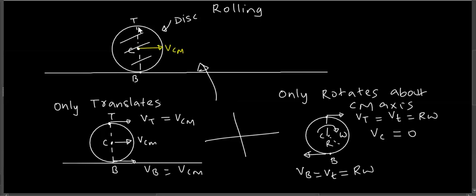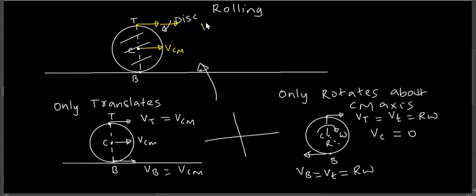If I look at the topmost point, whatever particle is at the top, it will have two velocities: one because of the center of mass, the other because of the tangential velocity.